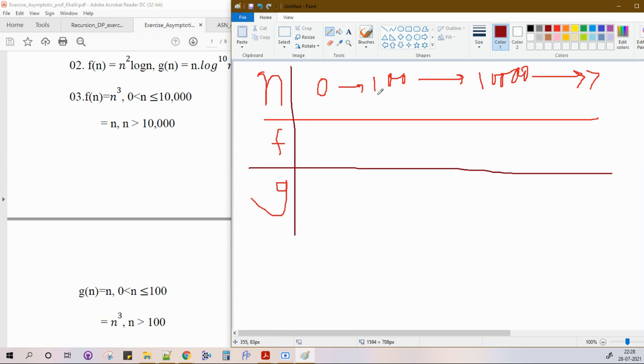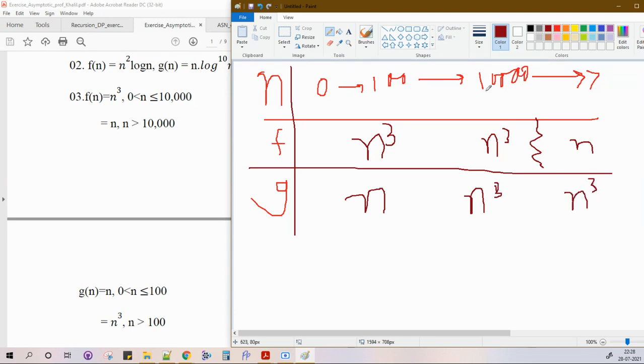So what is the value of f when n is less than 100? It is n cube. So f is n cube. Up to 10,000, it is also n cube. And after 10,000, it is n, right? And what about g? Up to 100, it is n, and after 100, it is n cube. So up to 10,000 it is also n cube, right? And after 10,000, it is also n cube.